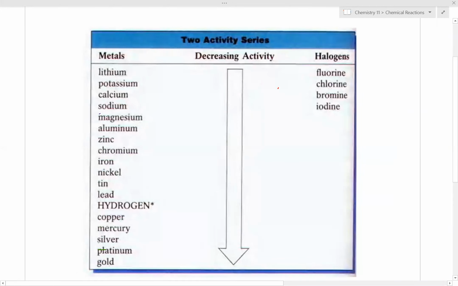Remember we said that, let's say for magnesium and HCl, magnesium had to be higher up; the more active element would replace the lower element. So notice in this case, magnesium was higher than hydrogen, and that's why you got MgCl2 and hydrogen gas.